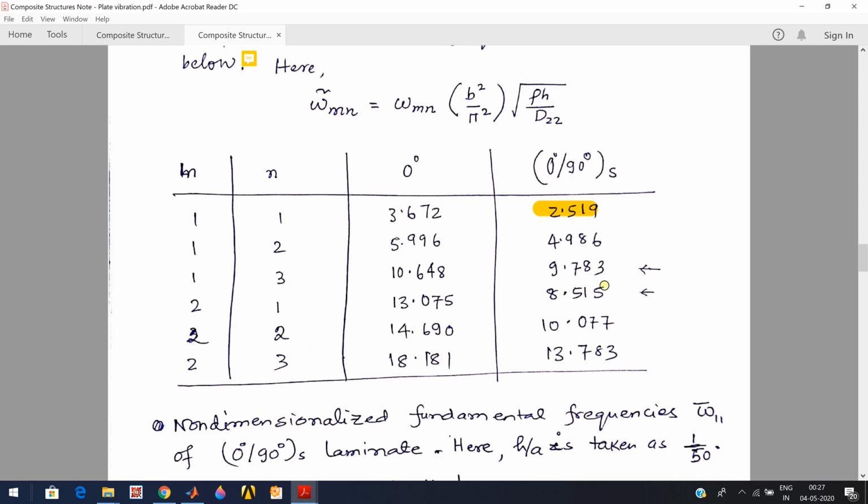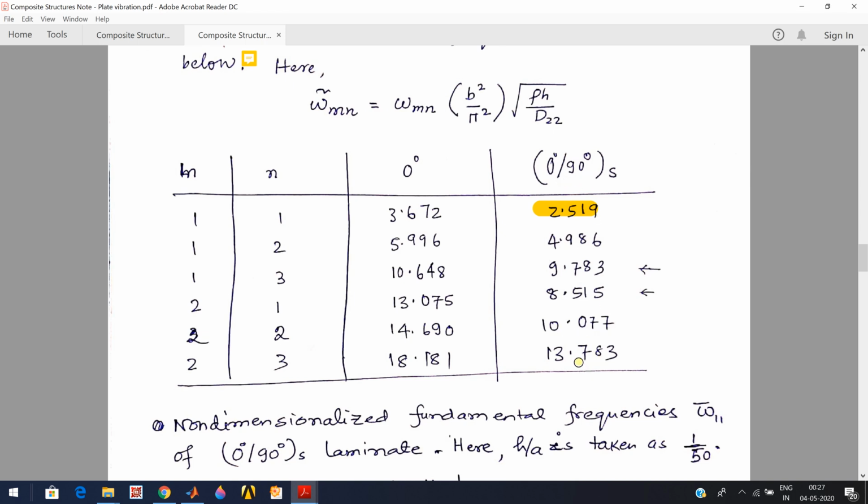The only difference is, if we rank the frequency for this case, this would be your first frequency, and 4.98 would be your second frequency, and 8.515 will be your third frequency, and 9.78 will be your fourth, and then 10 is your fifth.